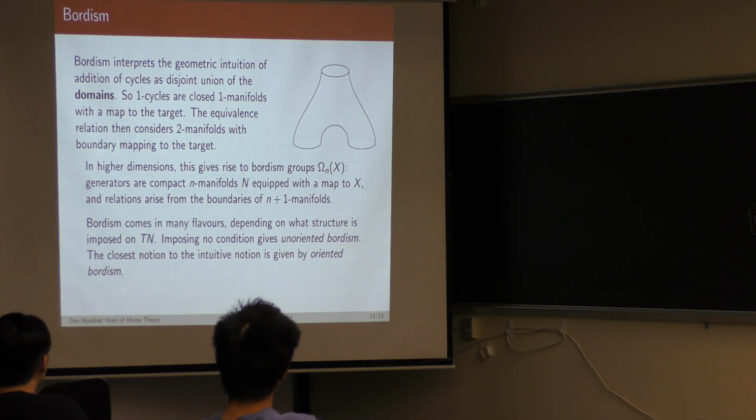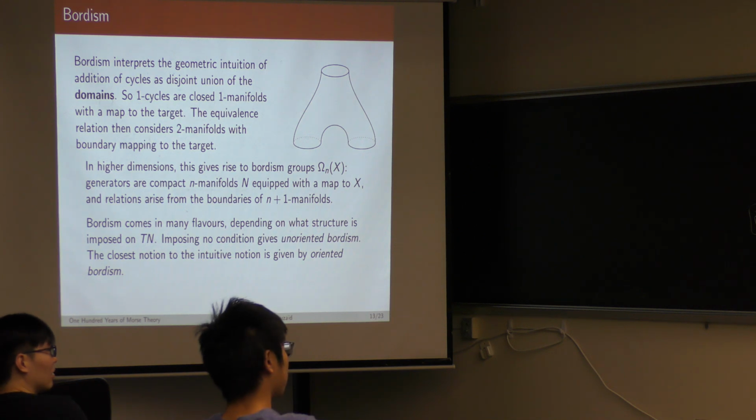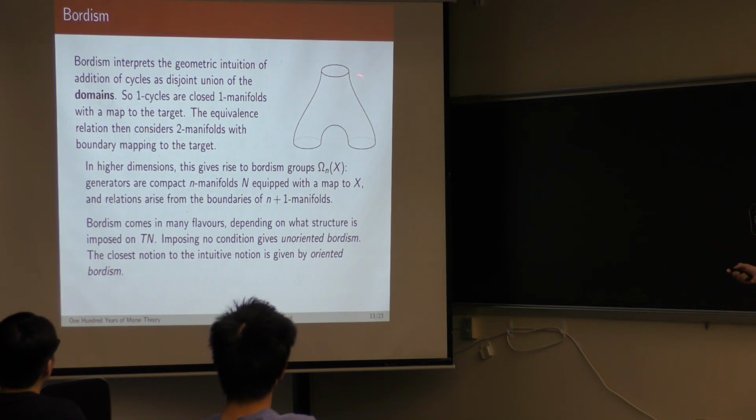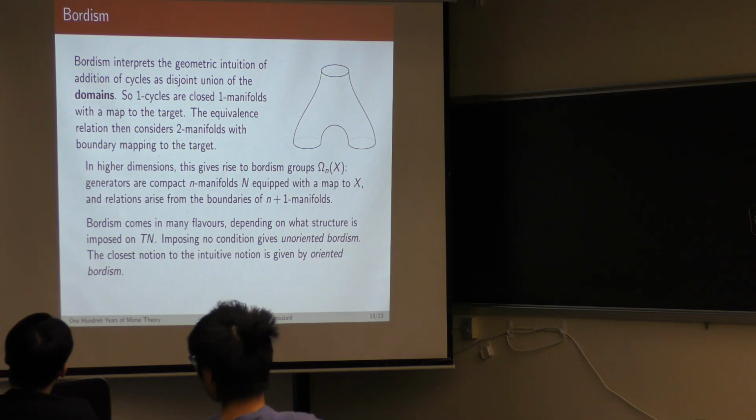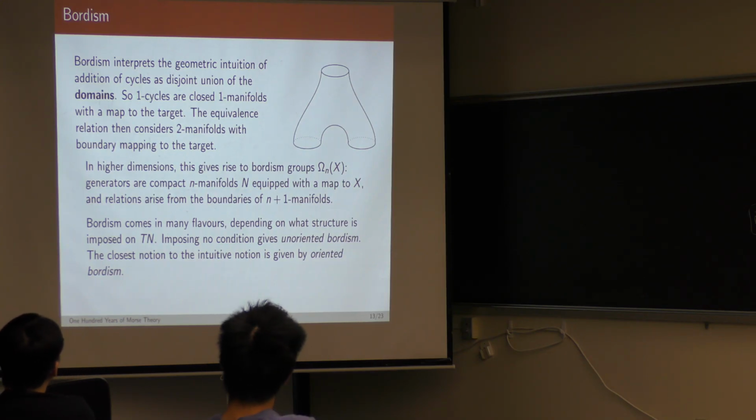Now you would like to make sure that your cycles are not just decomposed into disjoint unions of their components. So you add a relation that says these two one-cycles are bordant because they are the common boundary of a two-dimensional manifold. Okay? So you start with the intuition of cycles, and you try to make it precise as manifolds with a map to the target. You realize you need an equivalence relation, and the most natural equivalence relation again comes from manifolds. And this, in higher dimensions, gives rise to the bordism groups.